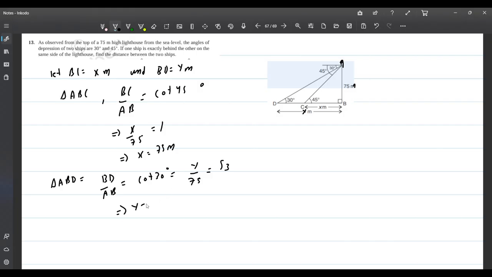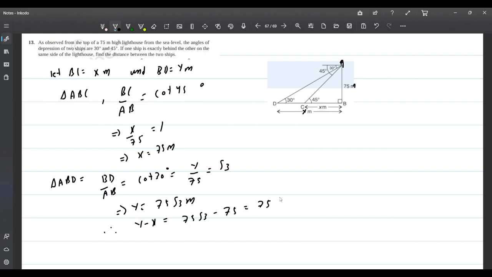So y is equal to 75 root 3 meter, and the distance is equal to y minus x. So this is equal to 75 root 3 minus 75.